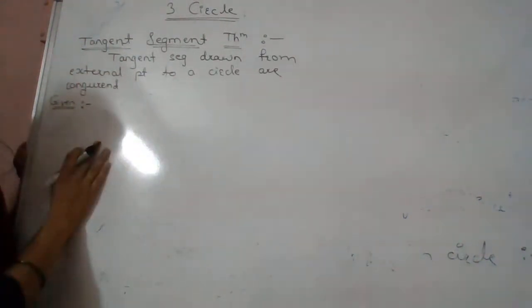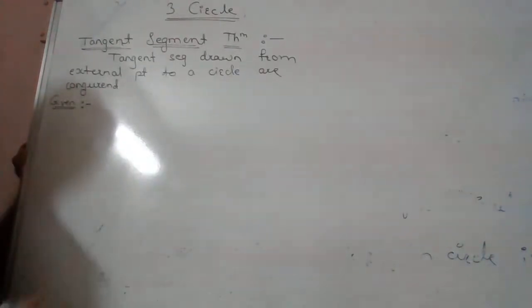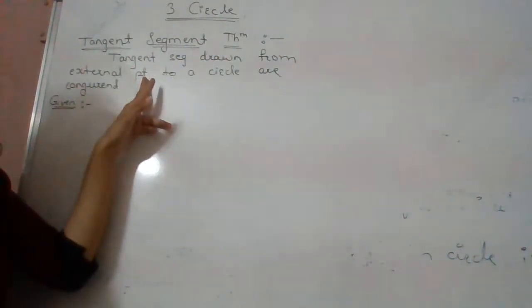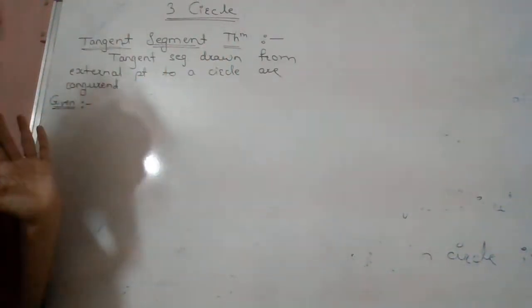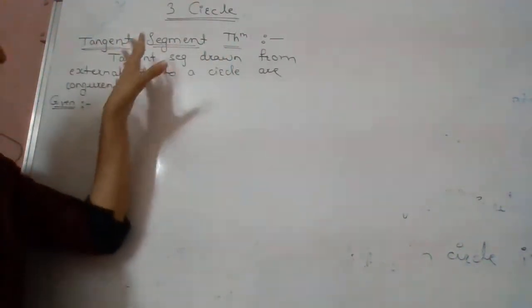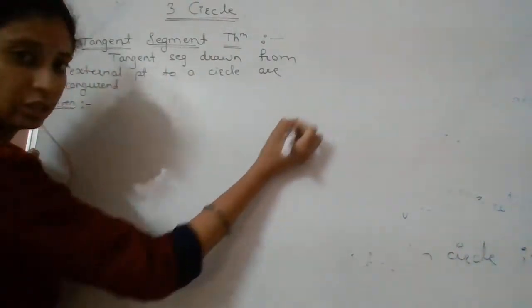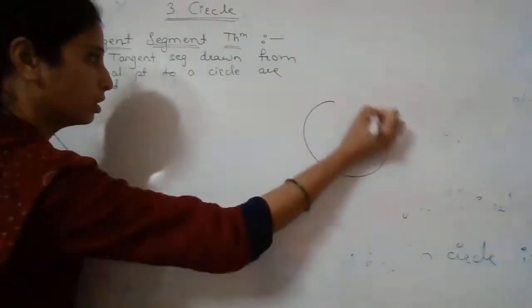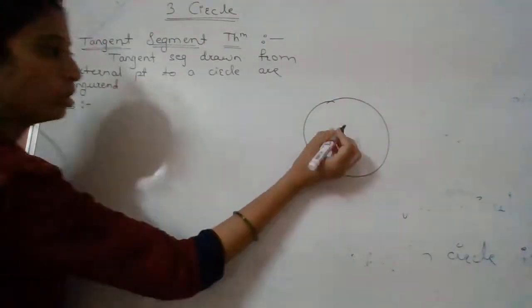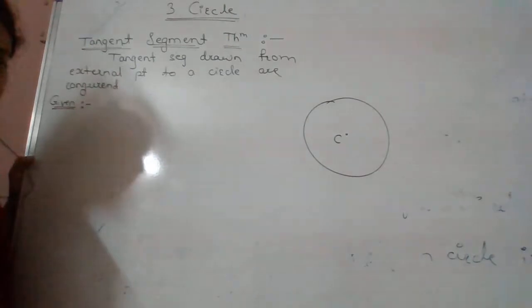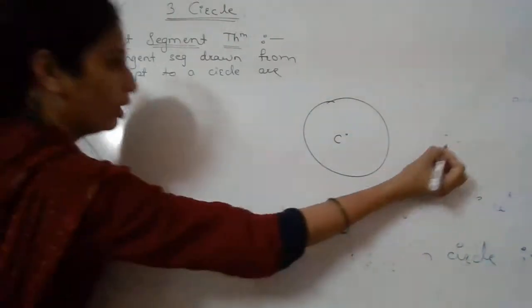Just look at the statement of this theorem. It says that tangent segments drawn from an external point to a circle are congruent. What are they saying? Tangent segments drawn from an external point means, suppose this is your circle, with center C, and for this circle I have one external point.